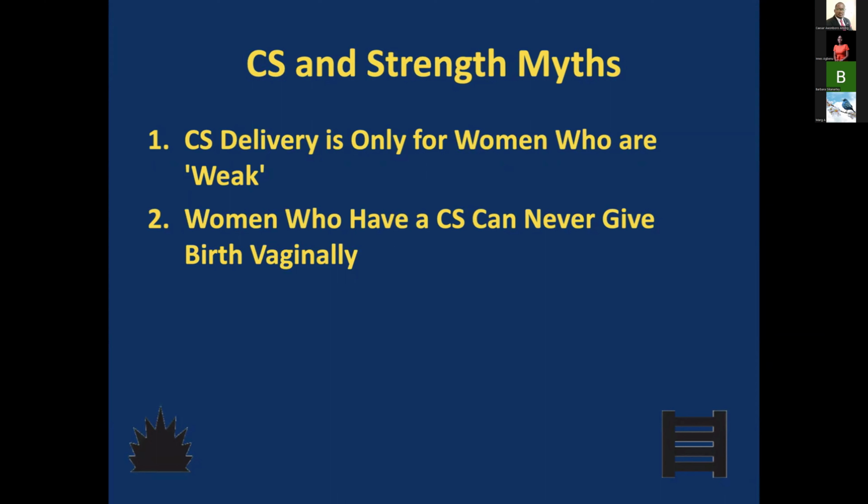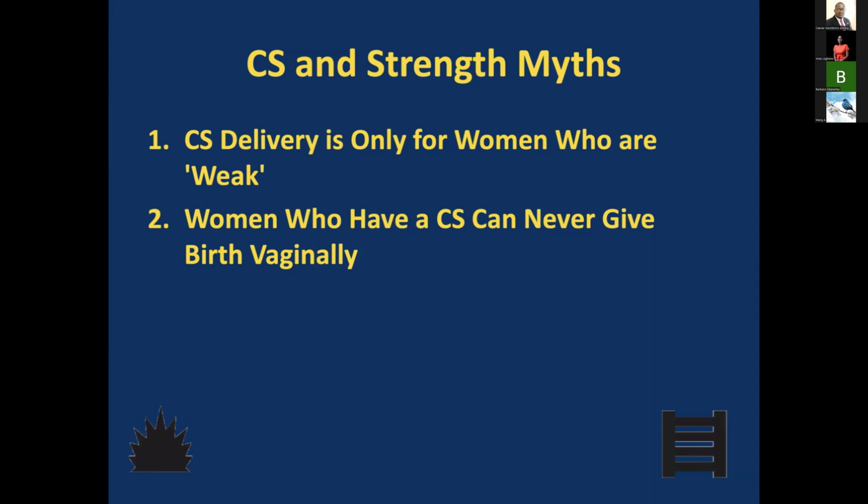We can let you try vaginal birth, provided the conditions are met. I told you about someone who has delivered already, about to deliver a big baby, more than 3.5 for us here in Ghana, but elsewhere, even if the baby is not more than 4 kilograms, you can let the woman who has delivered via cesarean section go through a normal vaginal delivery. And the success rate is very high.